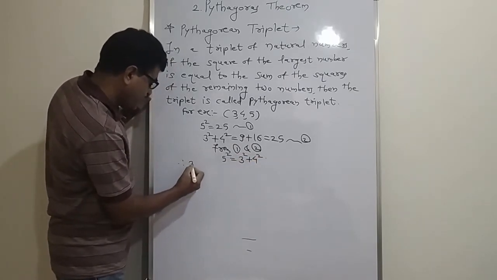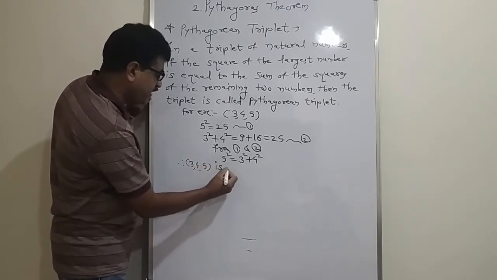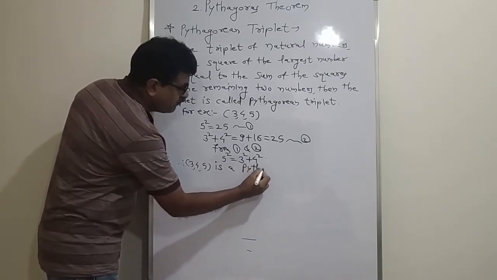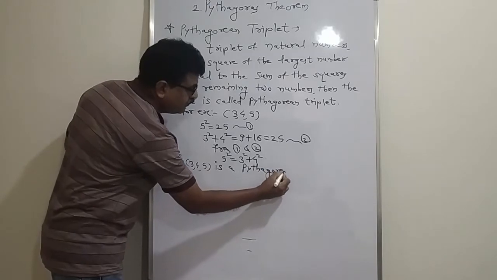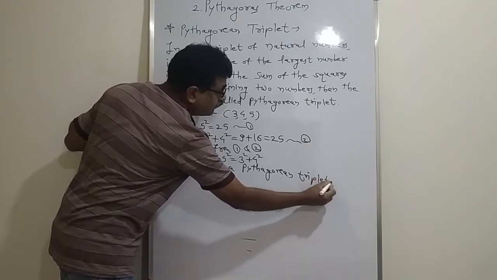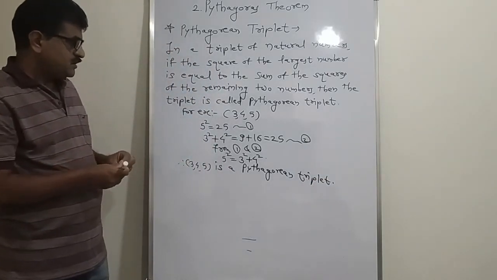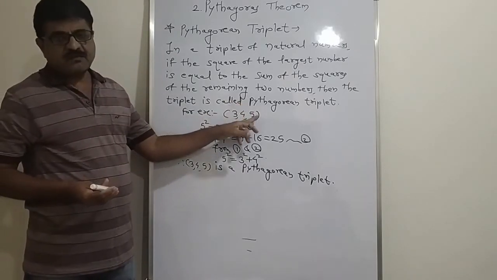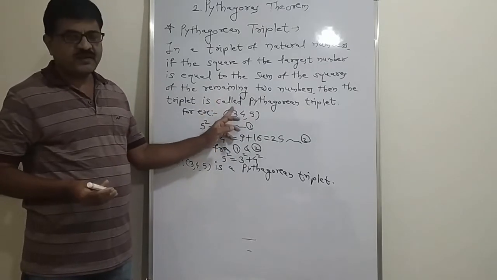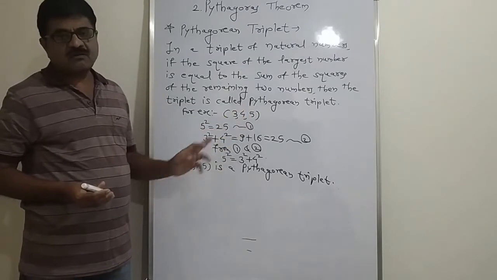Therefore, 3, 4, 5 is a Pythagorean triplet. That is, if the square of the largest number is equal to the sum of the squares of the remaining two numbers, then those numbers are called a Pythagorean triplet.